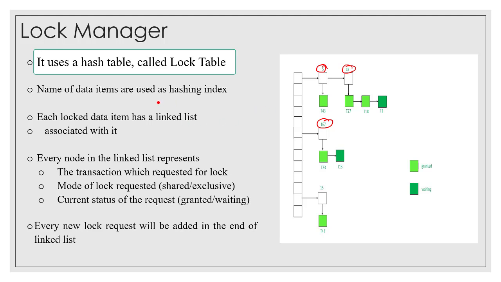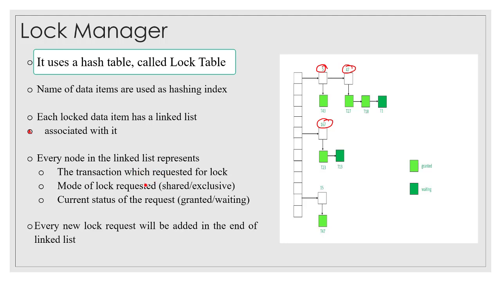Depending on the name of the data item, it will be mapped to any of the empty cells of the hash table. Each data item has a linked list associated with it. All the data items will have a linked list, and that linked list tells me what type of locking there is.